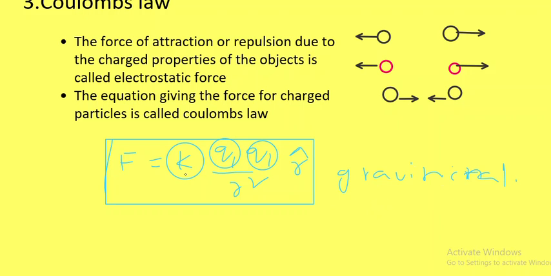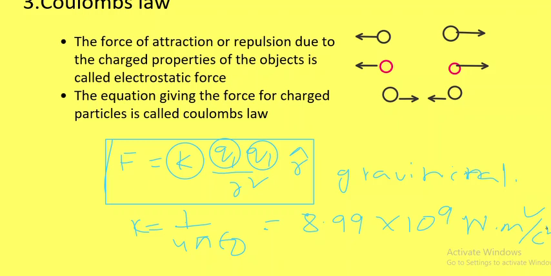K is called the electrostatic constant, and its value is K equals 1 by 4 pi epsilon naught, and numerically it is equal to 8.99 into 10 to the power 9 Newton meter square per coulomb square.